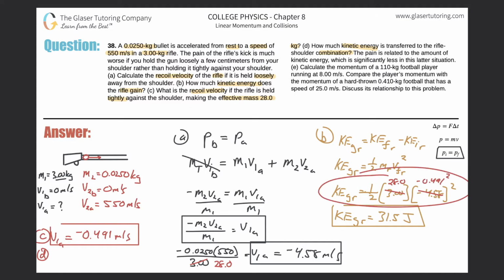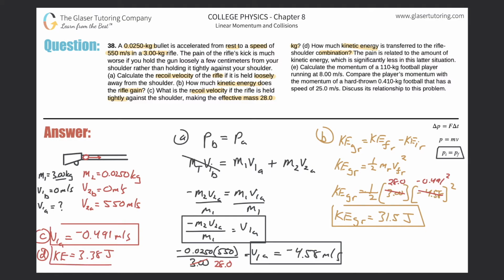Now when we do the math, we can plug that into the calculator. The kinetic energy here will be equal to 0.5 times 28 multiplied by negative, and a negative times a negative will be a positive, so I'm not even going to bother plugging that in. So 0.491 squared, and we get a value of about 3.38, and that is in terms of joules.